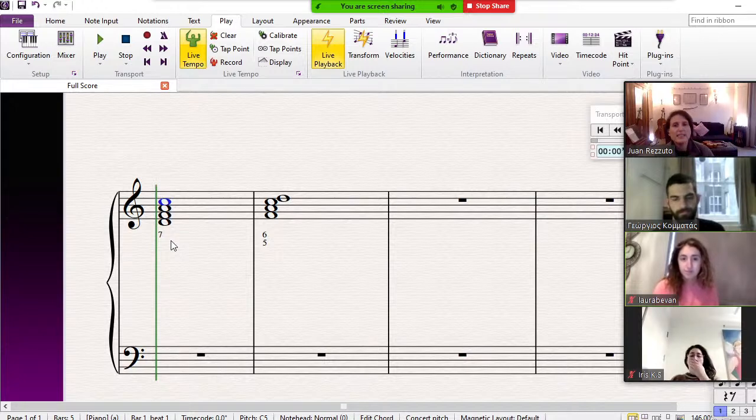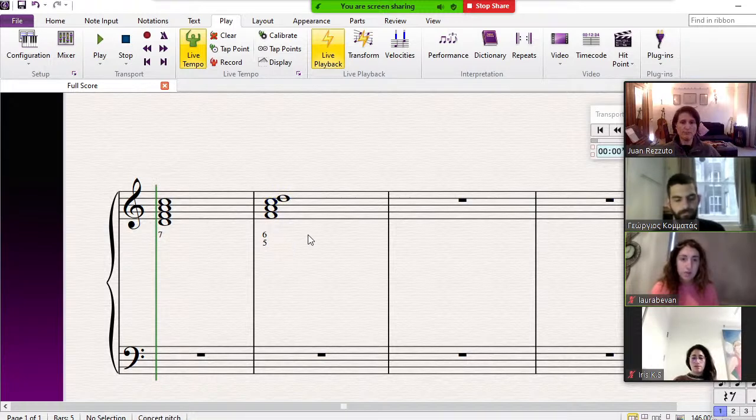And then 6-5 between the bass and the upper note, you have a 6, and then here a 5. So 6 from here to here, 5.